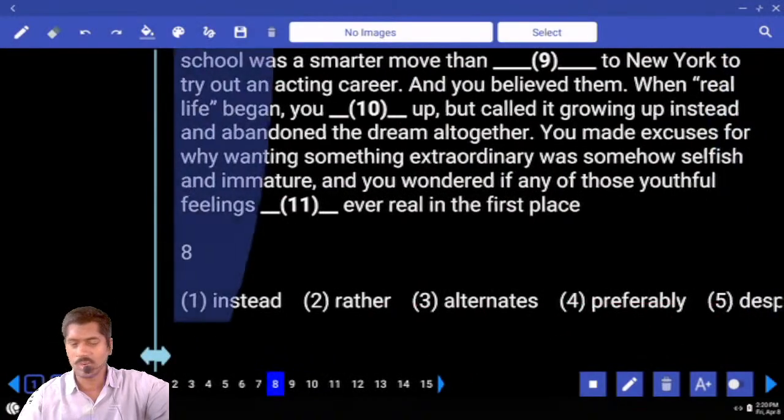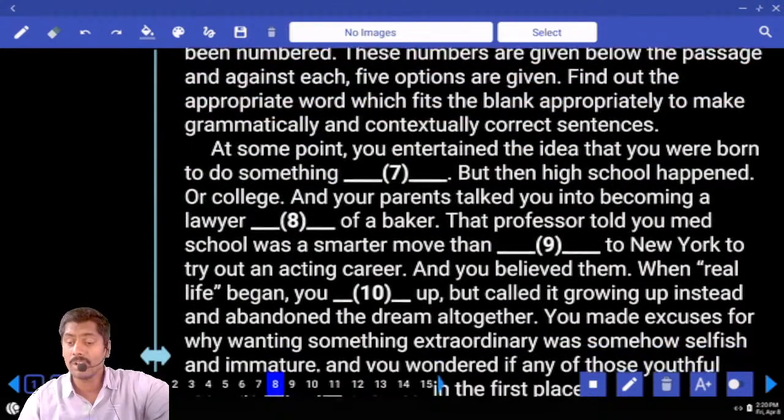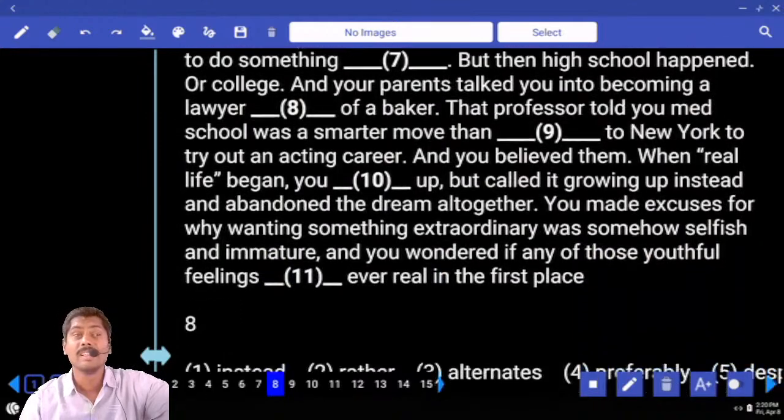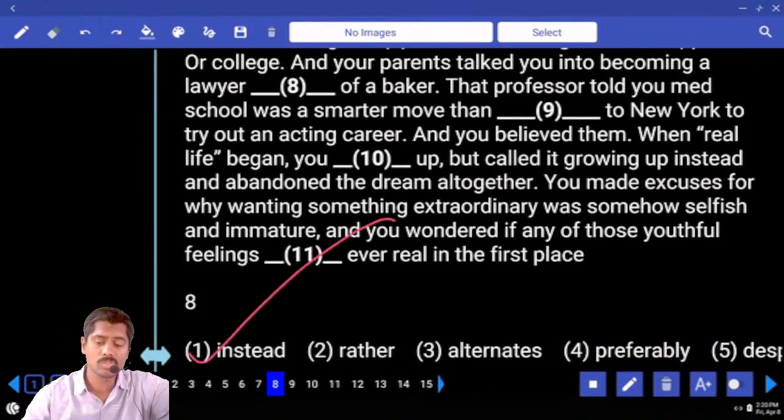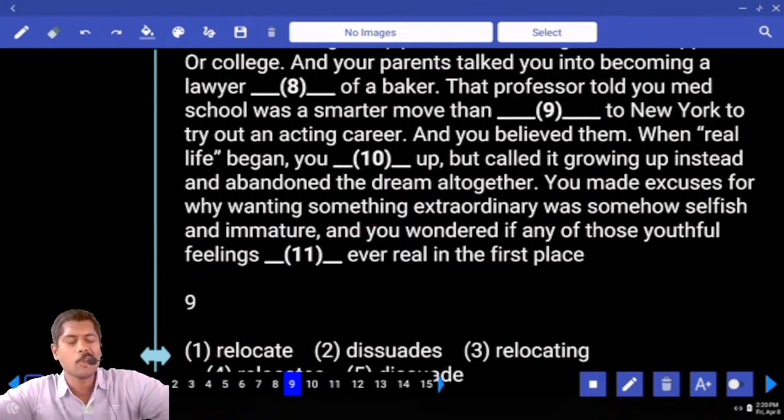Despite generally does not take anything. It is used as it is. Answer 1 or 5. But despite of, can I take? Despite of is grammatically wrong, answer is 1. So your parents talked you into becoming a lawyer instead of a baker.